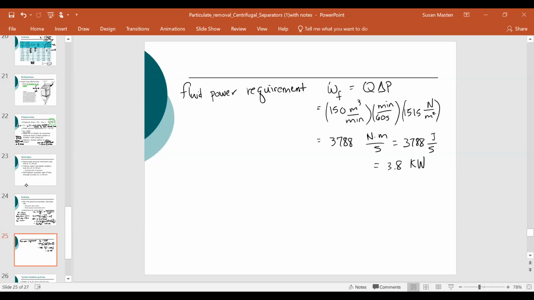If we want to calculate the power that we need to supply, so that's the fluid power, we need to think about how much we are supplying to the fan and the motor. Typically that has about 70% efficiency.